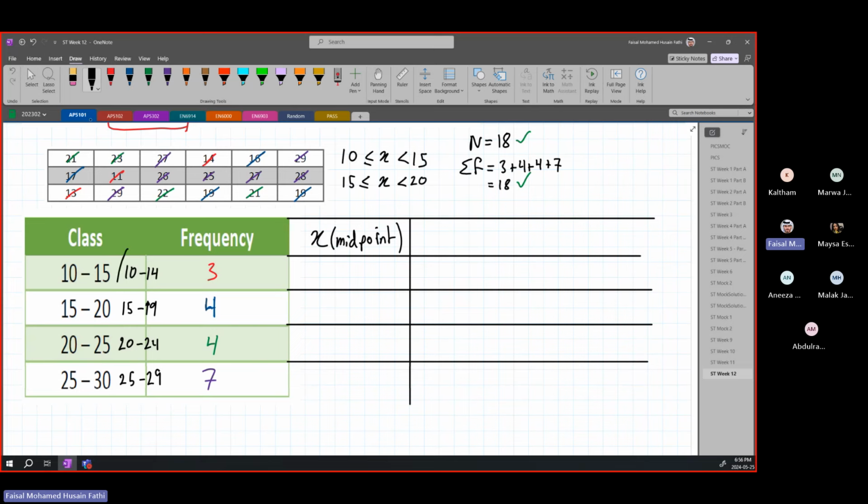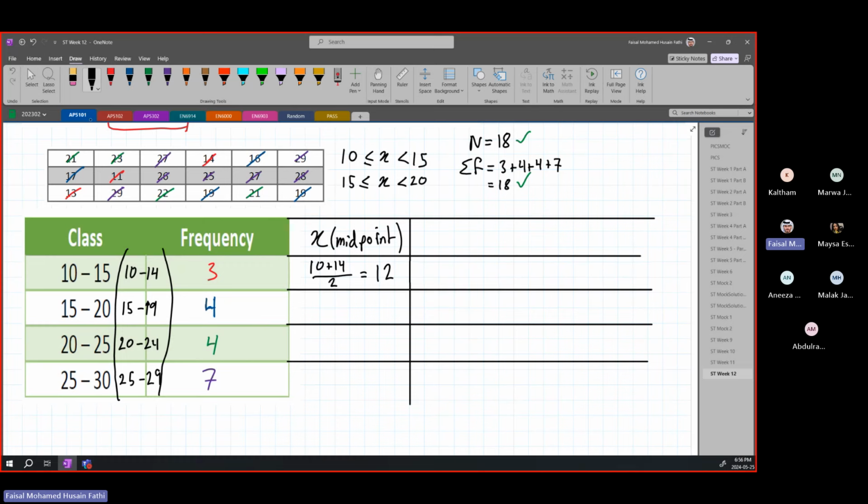So we're going to have to find the midpoint of these actual values because we're looking at inclusivity. Remember that the midpoint is going to be between the actual values that are a part of the class itself. So the midpoint over here is going to be 10 to 14. So it's going to be 10 plus 14 divided by 2. That's going to be 12.